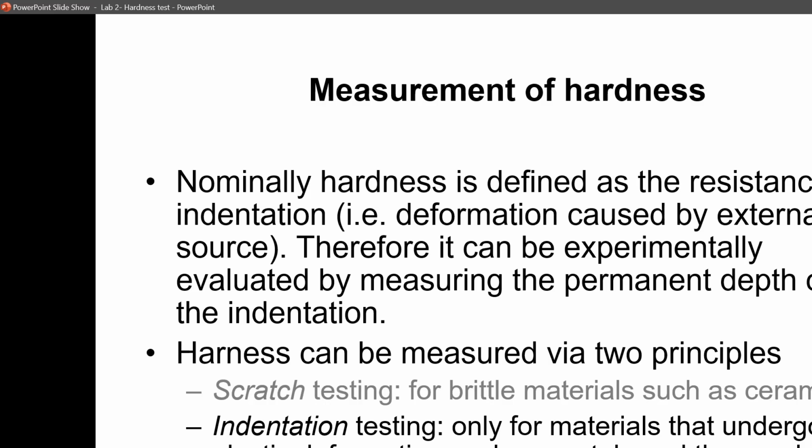You would try to crack the material. Great, exactly. They will most likely break. If you try to create an indent in a brittle material, the material will fracture and break eventually. It's not a good idea to use indentation testing for brittle material, and we have to use scratch testing for brittle materials.